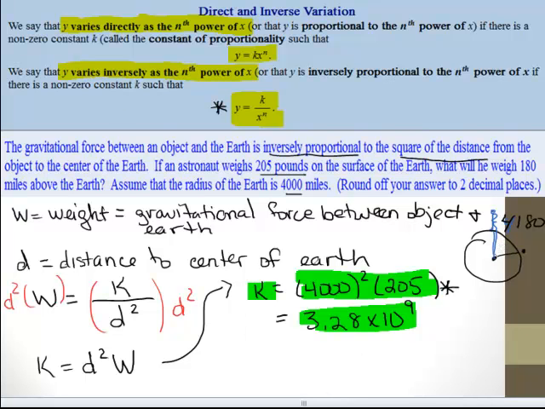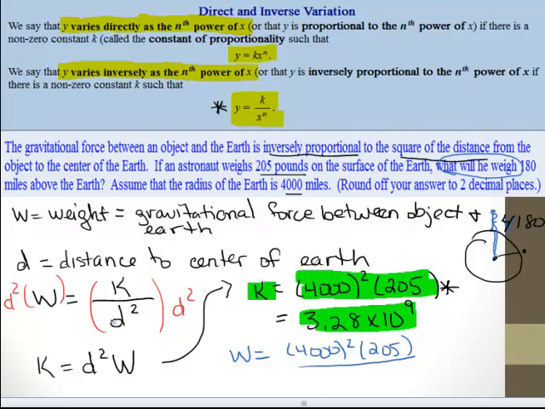So what are we looking for? What will he weigh? So we're looking for W. W is equal to K, which we discovered was this number. I'll go ahead and write it in this form: K over X to the N. What was X?